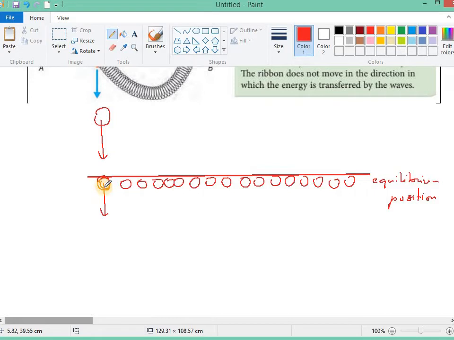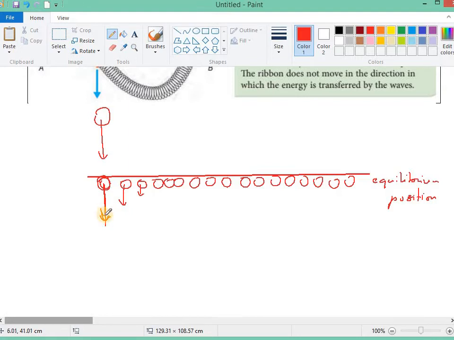After this water molecule goes down, it will be at a lower position than the other molecules at the side. So the molecule at the side will also go down, and this one will also go down. Then after this water molecule goes down, it will go back up.